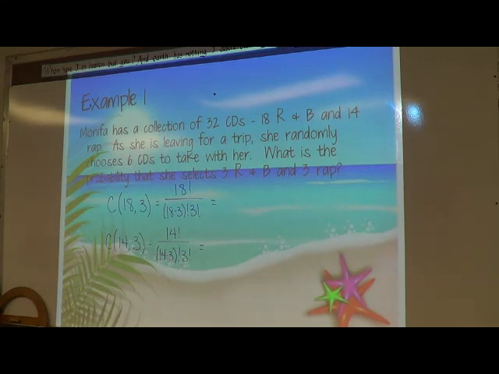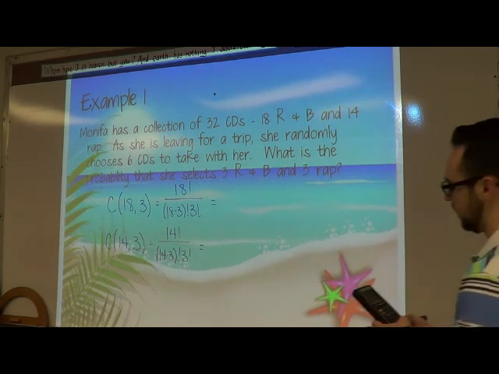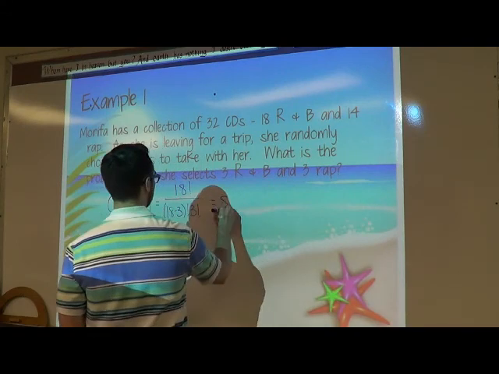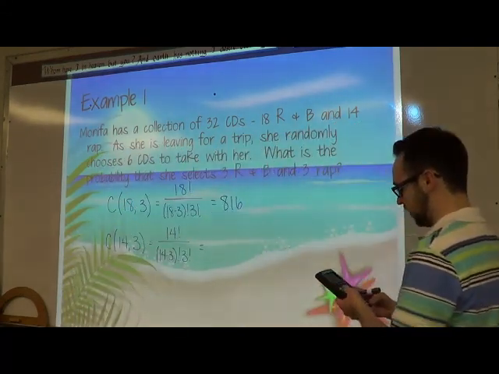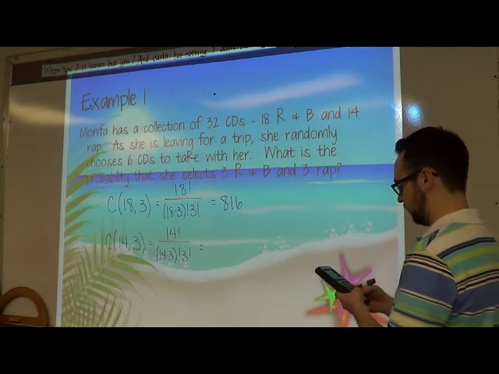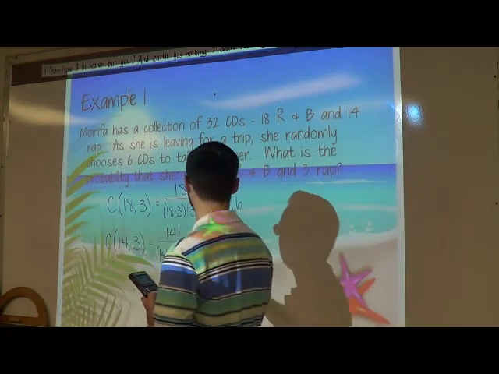So, let's take a quick minute. We have 18 choosing 3, and that gives us 816 different ways of choosing her R&B. And then we're going to have 14 choosing 3, and that gives us 364.